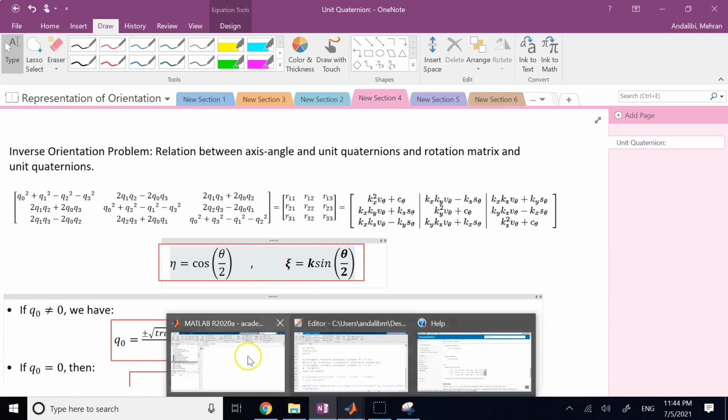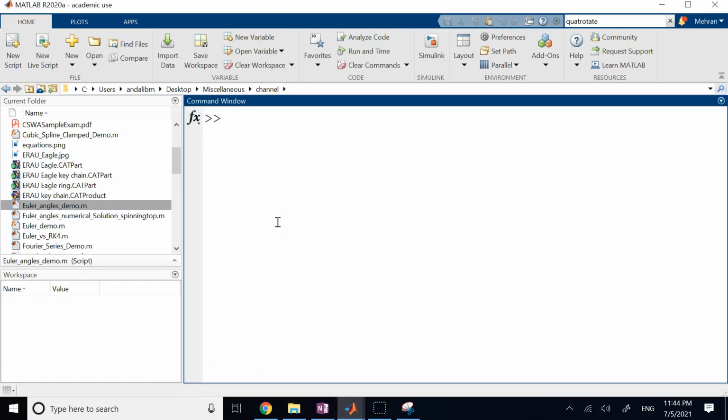But let's say all I want is a simple rotation about the z-axis with a 90-degree angle. So my quaternion q is going to be cosine of half of the angle, and then k, which in this case is 0, 0, 1, times sine of the half angle.